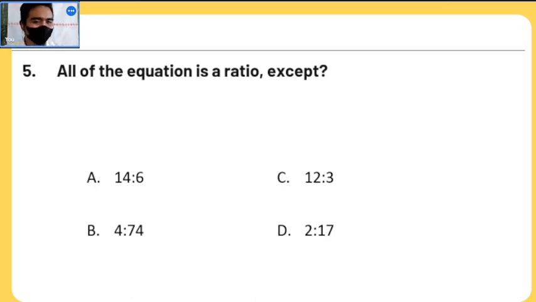You sure? In an exam, if there is no correct answer, you just write the correct answer. Here, all of the givens are ratio. Isn't it that a ratio is the comparison of two different things? They compare two quantities. So therefore, all of them are ratio. Tricky.